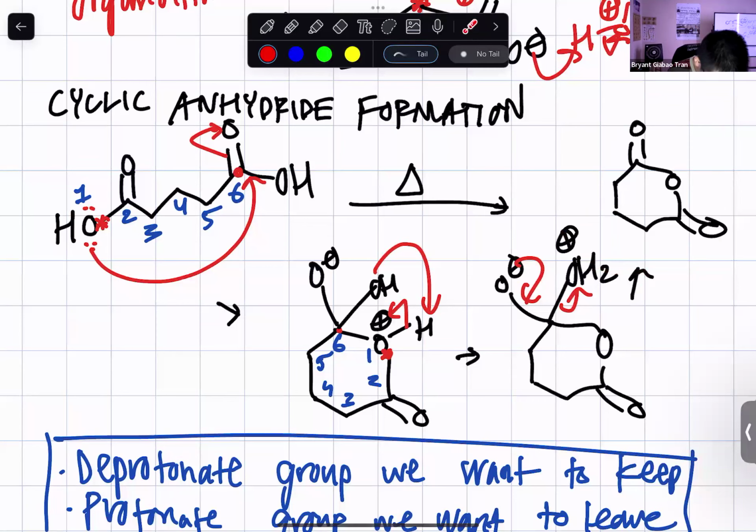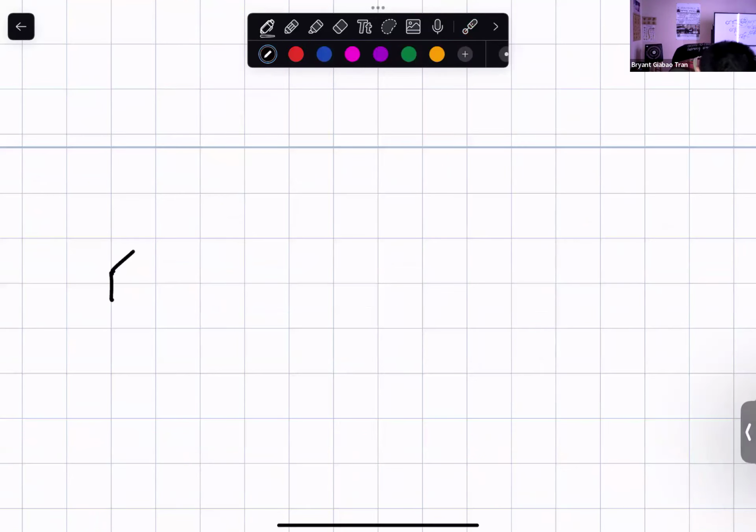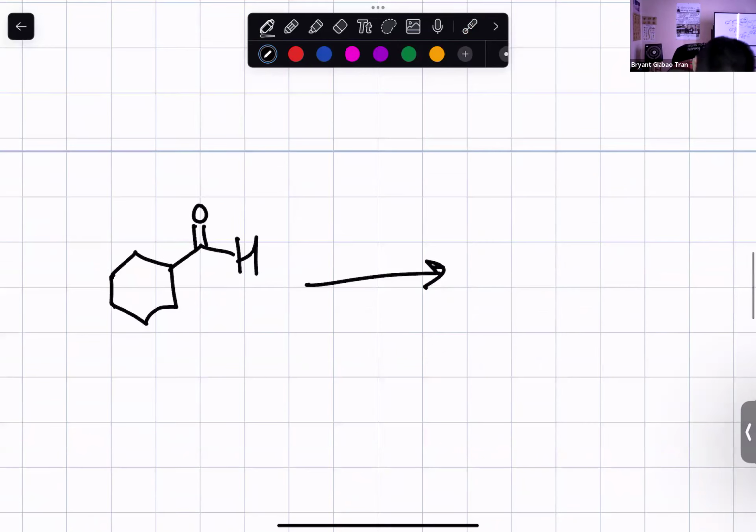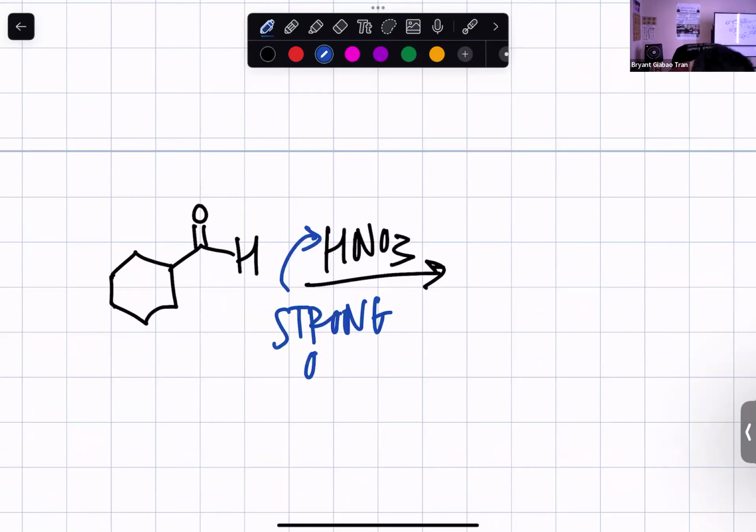Okay, 1, 2, 3, 4. Okay, four more questions. Next one is going to be this aldehyde reacting with HNO3, nitric acid. This nitric acid right here is a type of strong oxidizing agent.